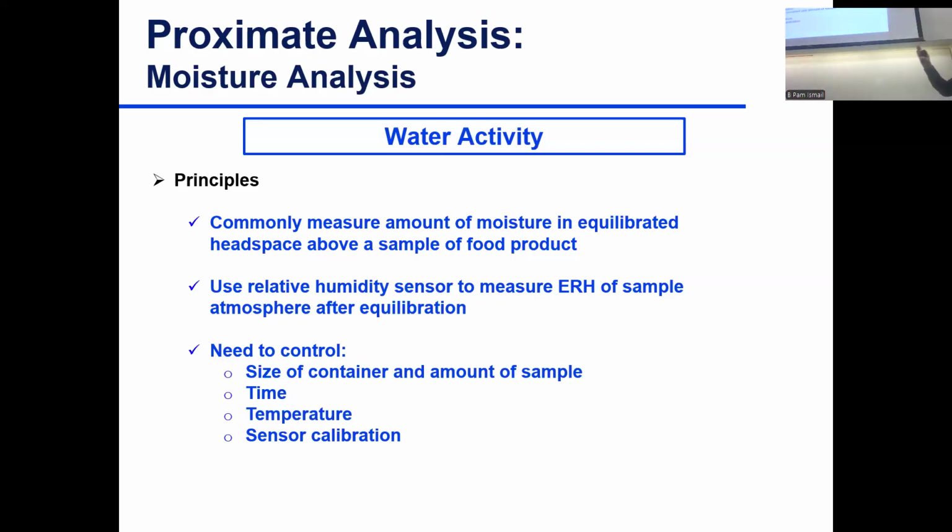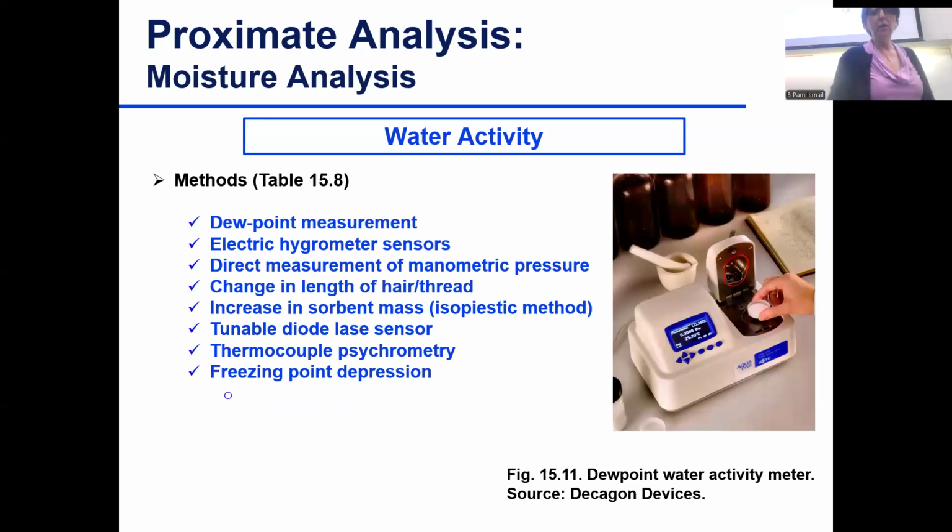When we're measuring water activity, we always have to control the amount of sample, the time that you leave the sample to equilibrate, the temperature, and also we need to calibrate the sensor. There are different methods for measuring water activity, and you have used the Decagon device, correct, in lab.